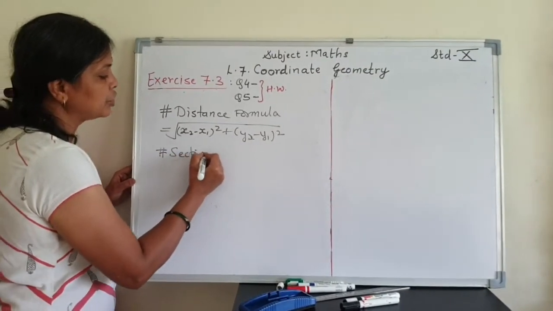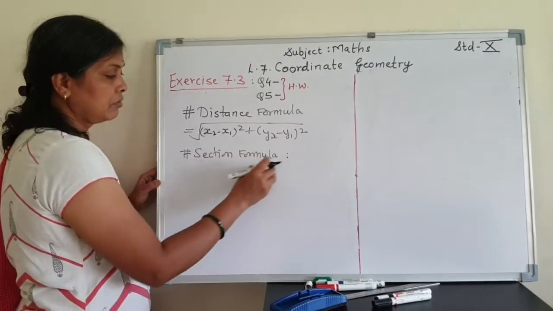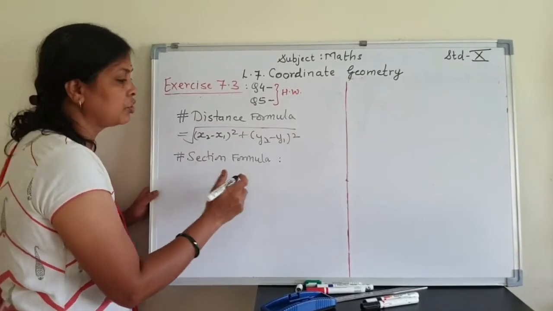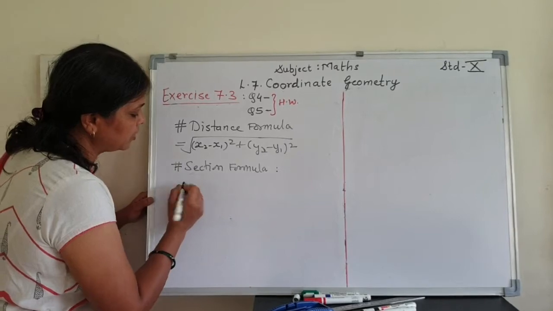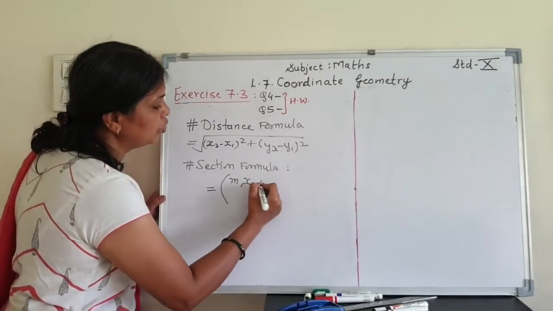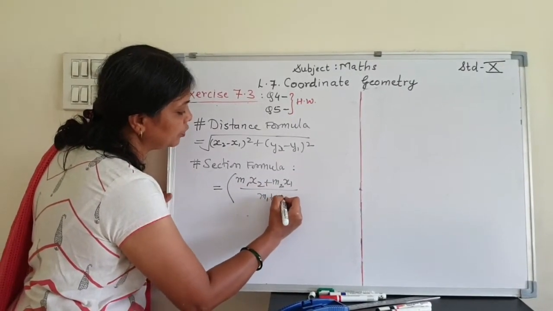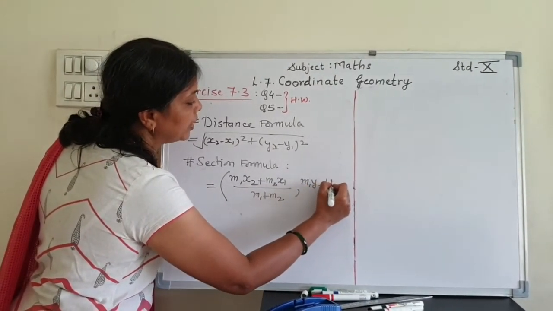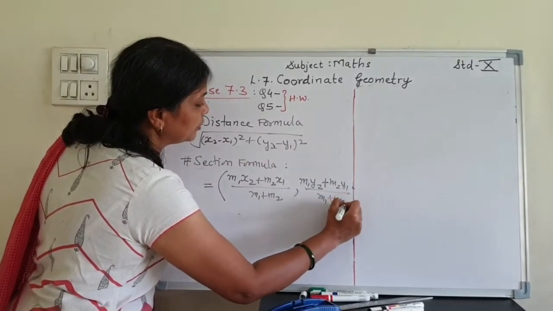Secondly, we have seen the section formula. So in the section formula, they have given the line segment divided by a point in the ratio m1, m2. So here we get the coordinates of the point by using (m1 x2 plus m2 x1) upon (m1 plus m2) and again (m1 y2 plus m2 y1) upon (m1 plus m2).